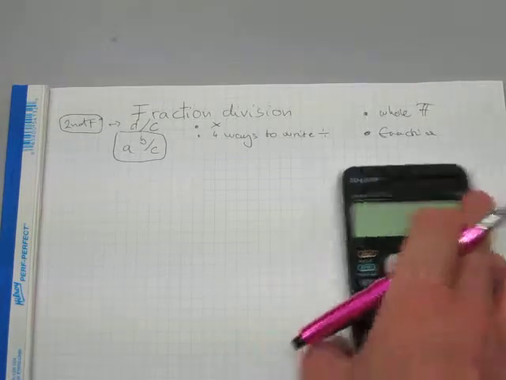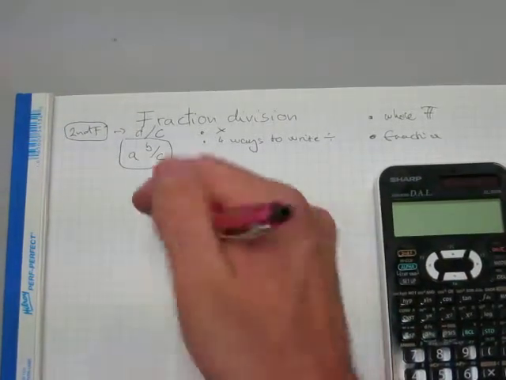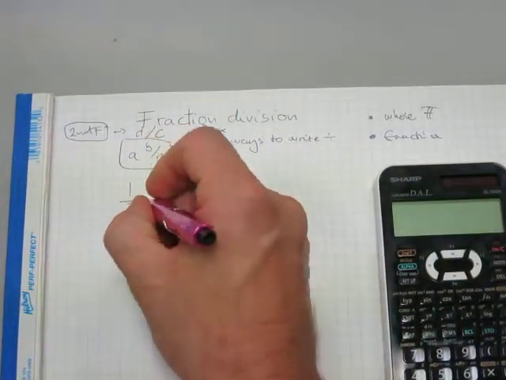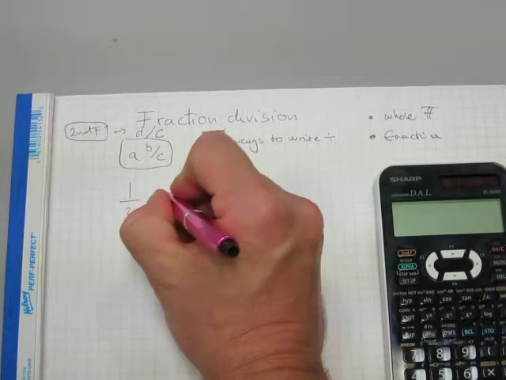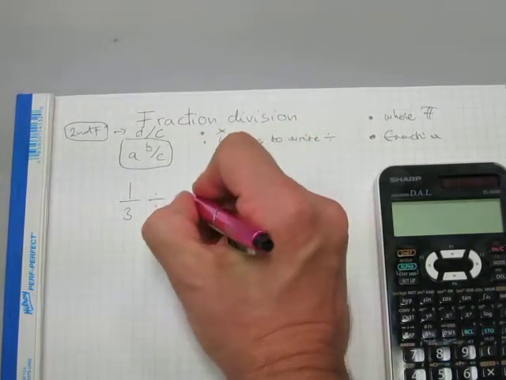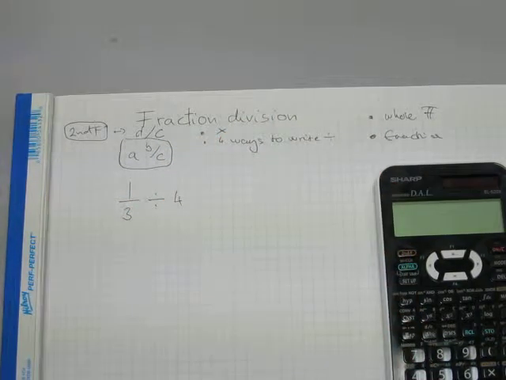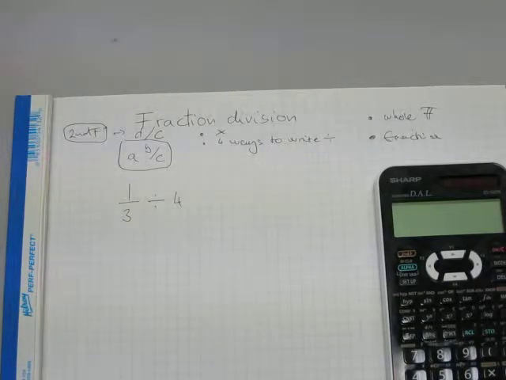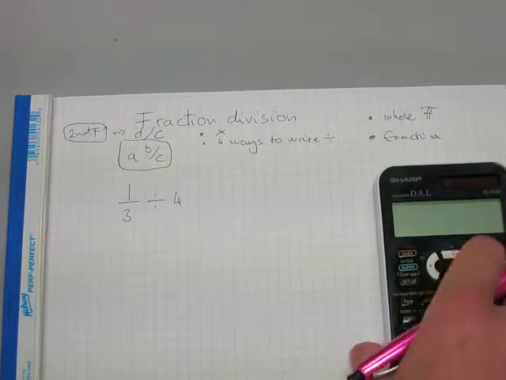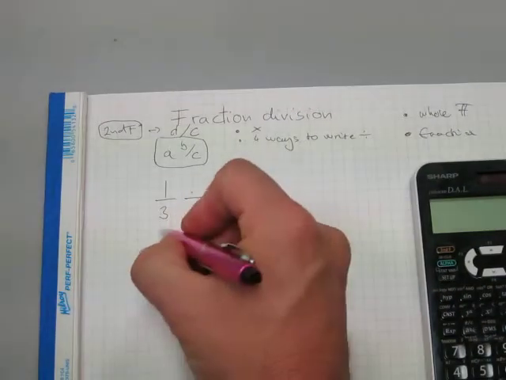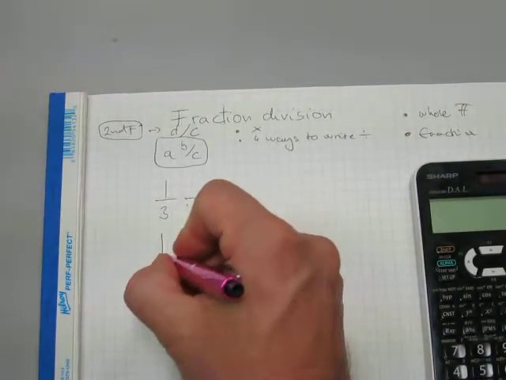Let's get started with a relatively easy fraction. How about 1 over 3 divided by 4? Now, the language involving fraction division is somewhat tricky. Let me model this here for you.